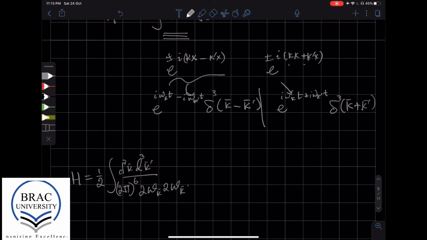Oh, and another thing is that the integral over this will actually also produce (2 pi) cubed, and that means that this factor of 1 over (2 pi)^6 will become 1 over (2 pi)^3.